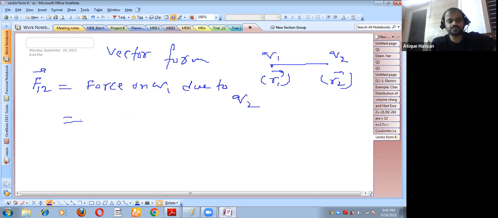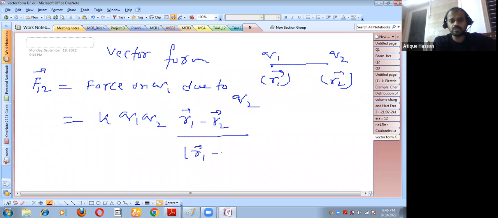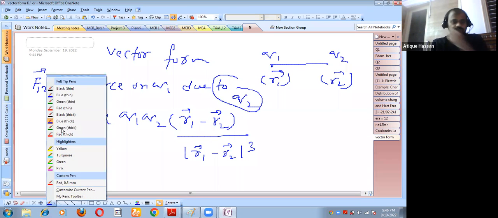So we will write it as 1 by 4 pi epsilon naught, or k, q1 q2 times r1 minus r2, divided by mod of r1 minus r2 cube. So this is the basic idea of how we write it in vector form. If we are taking force on q1, due to q2, we subtract r2. This is the basic idea which we should have.